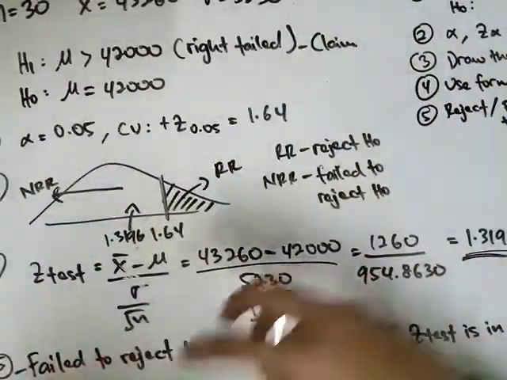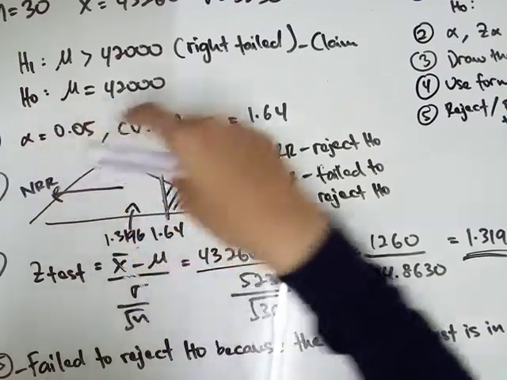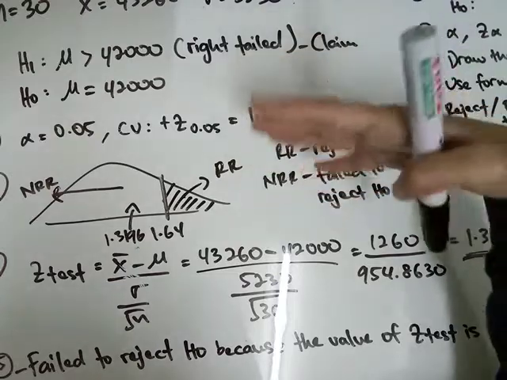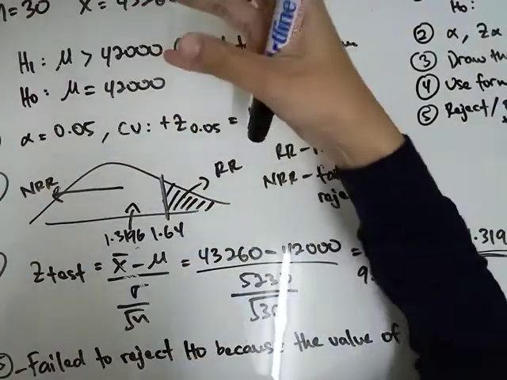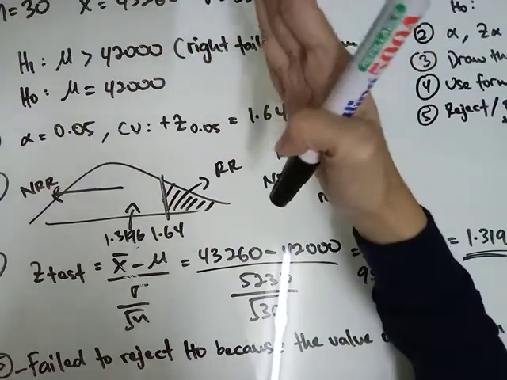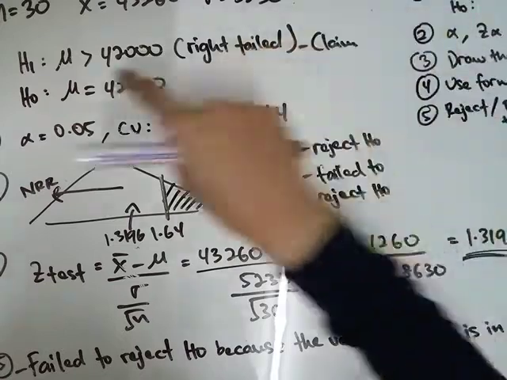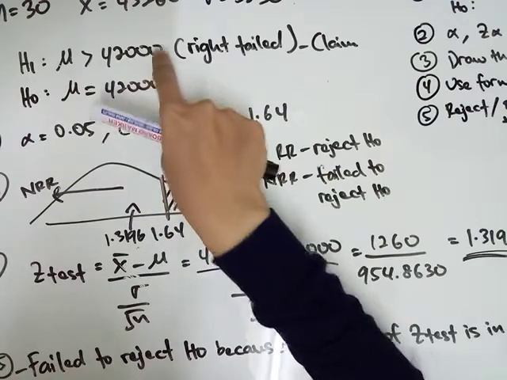Bila kita accept the H-note, maksudnya H-note ni mengatakan yang statement ni is not true adalah betul. Betul tu maksudnya yang gaji assistant tu tak dapat pun more than 42,000 per year. Sebab yang H1 ni dia nak mengatakan gaji assistant tu adalah more than 42,000 per year.